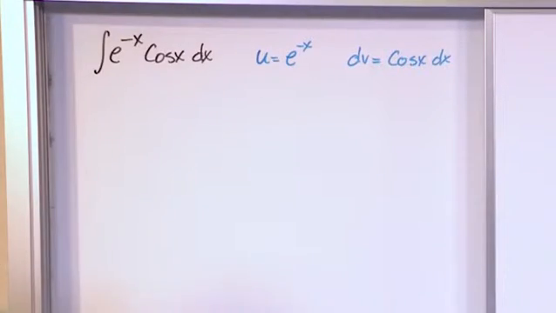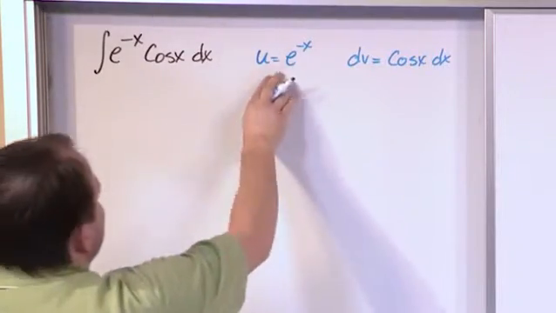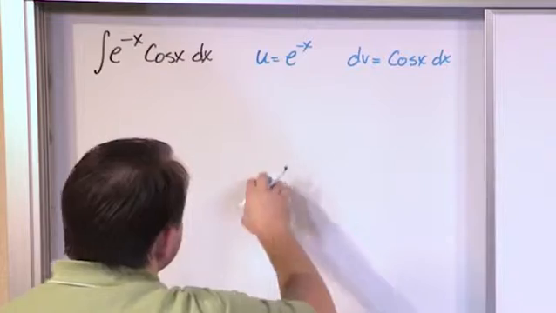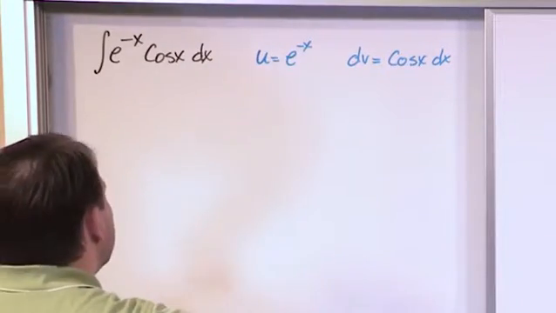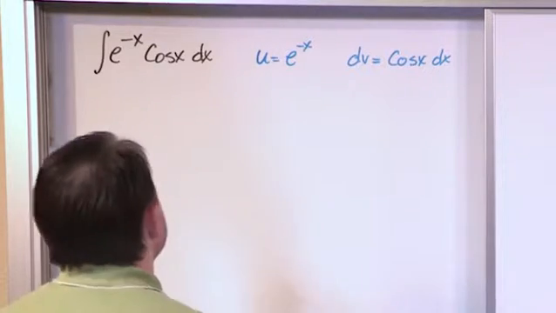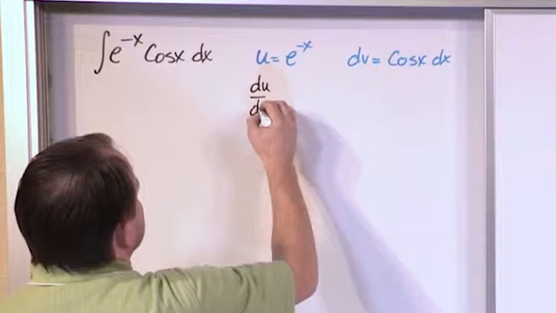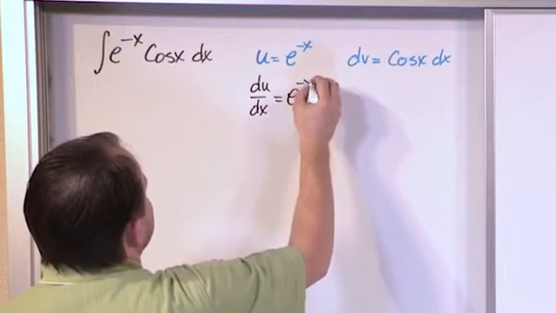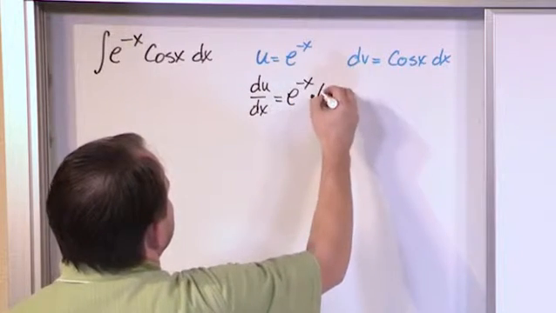All right, so we want to choose this, and we know that it's not destructible. We know if we keep taking derivatives of this, it's not going to disappear. So in the back of our mind, we're a little bit worried, but we'll just deal with it and see what happens. So take the derivative of this. What we'll have is du dx is e to the negative x, because it's indestructible, times the derivative of the exponent, which is just negative 1.